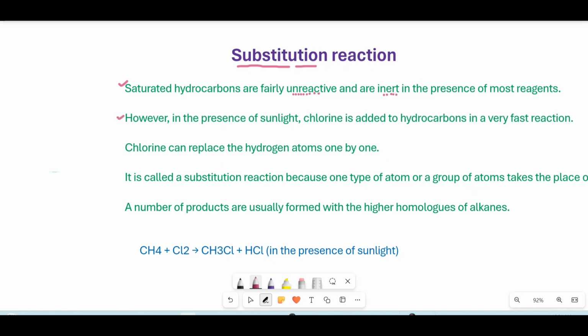But in presence of sunlight and chlorine, we can add chlorine atoms to hydrocarbons. That will be a very fast reaction. The chlorine can replace the hydrogen atoms one by one. So hydrogen atoms will be substituted by chlorine atoms. It's called a substitution reaction because one type of atom or group of atoms is substituted by another group of atoms.